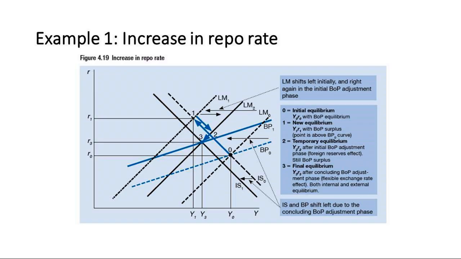Then moving from point 2 to equilibrium 3 is the balance of payments adjustment via the exchange rate. And that is the leftward shift of the IS as well as the shift of the BP curve to re-establish equilibrium at R3 and Y3.